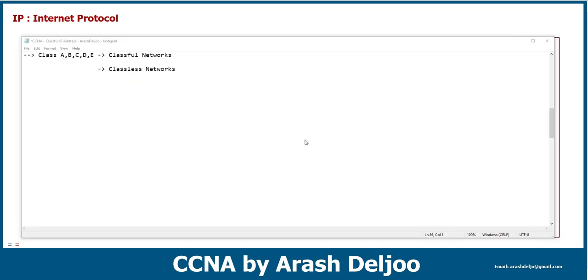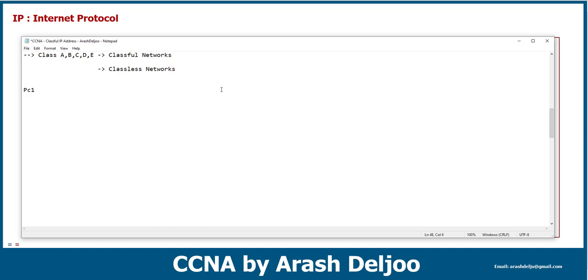Now we can talk about classless networks. What is the difference between classless networks and classful networks? In classless networks, we don't use the concept of IP address classes. You know that when I wanted to show you the concept of class, I used one example. Let me review that example.